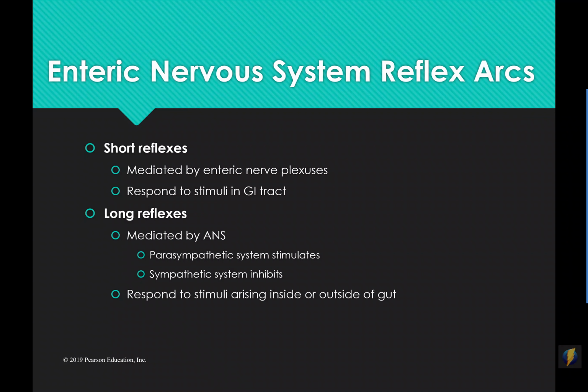So the parasympathetic system is, of course, rest and digest. So the parasympathetic nervous system is going to stimulate activity of the digestive system, and the sympathetic system, being our fight or flight system, is going to inhibit or slow down the activity of the digestive system.